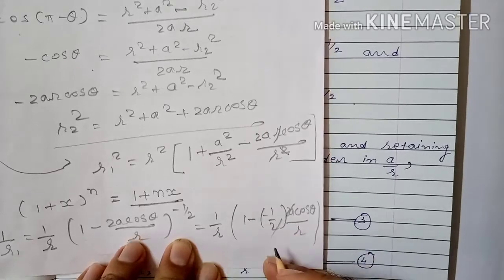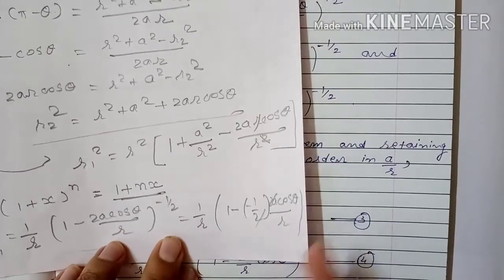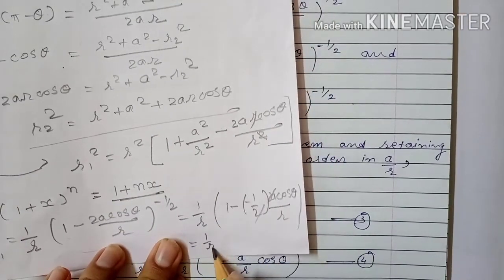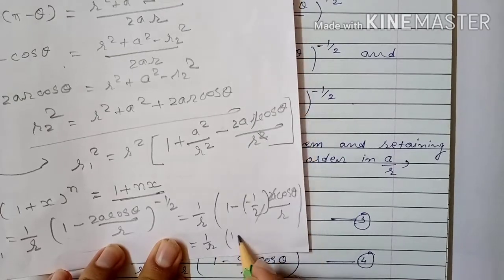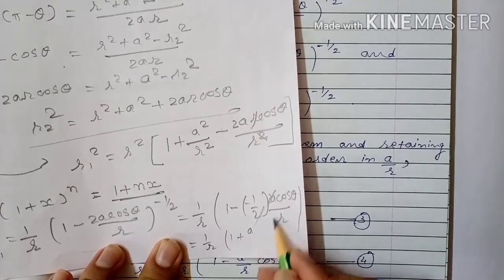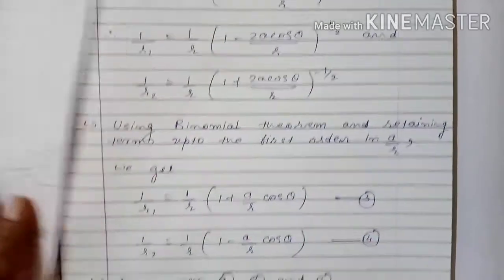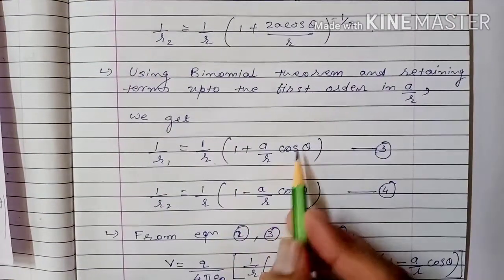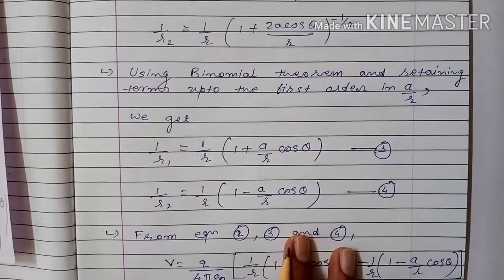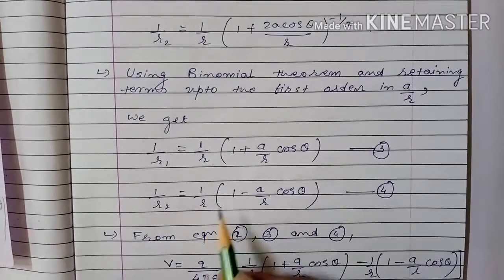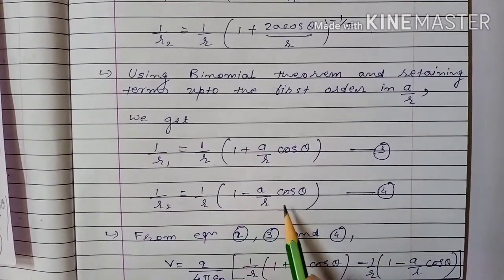The 2 will get cancelled, minus minus plus, what will remain? 1 upon r (1 plus a cos theta by r). So this is 1 plus a cos theta by r. In the same way, 1 upon r2 is equal to 1 upon r (1 minus a by r cos theta).